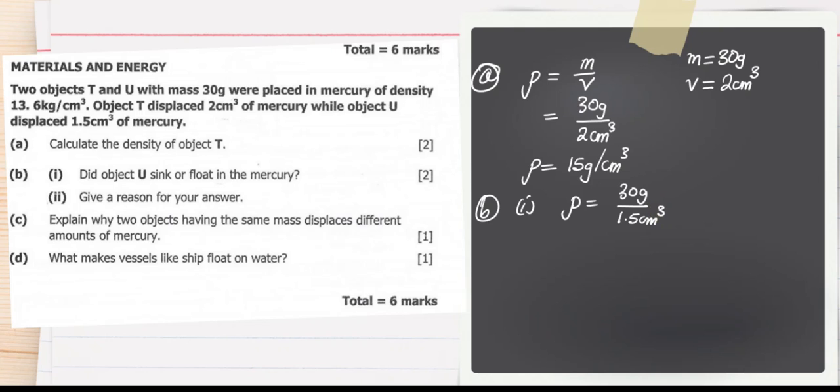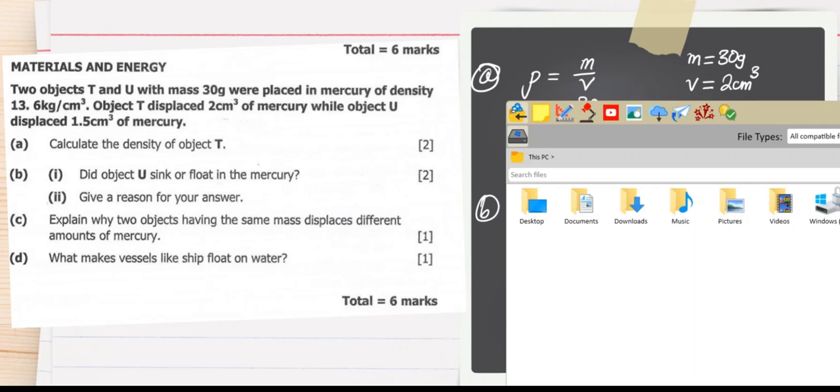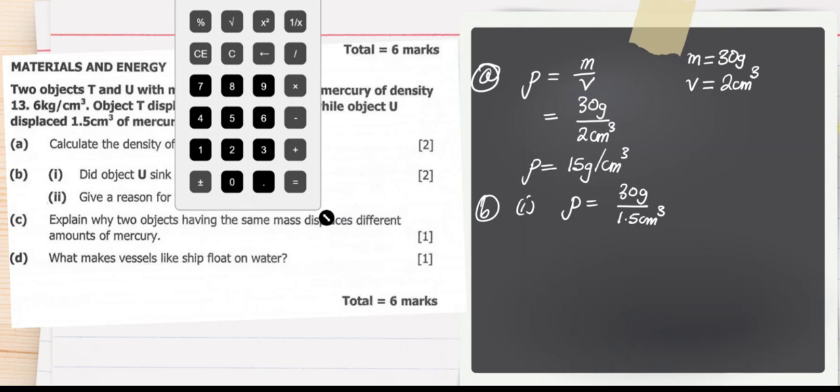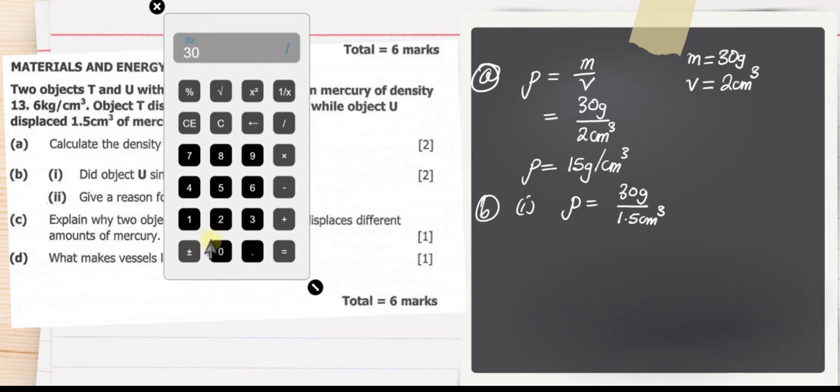So now let me do the division: 30 divided by 1.5, which will give me 20. So you have seen that the density is equal to 20 grams per centimeter cubed.